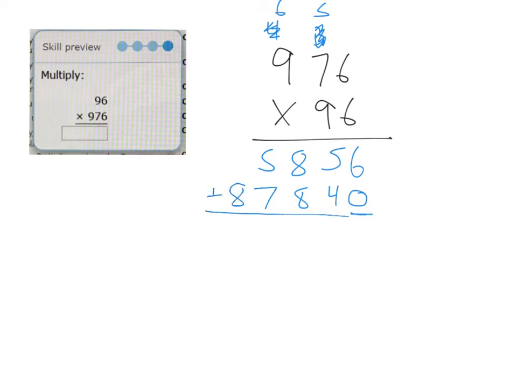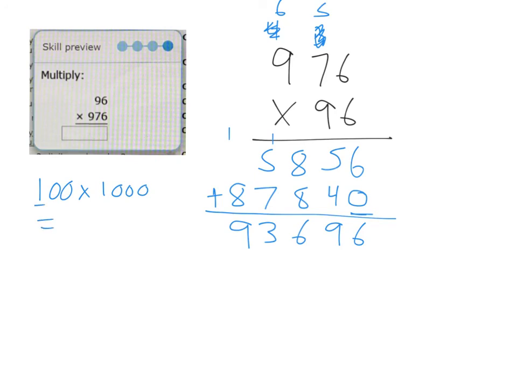Add it together. 6 plus 0 is 6, 5 plus 4 is 9, 8 plus 8 is 16, 6 down, carry the 1. 1 plus 5 is 6, plus 7 is 13, 3 down, 1 up. 1 plus 8 is 9. Again, a huge number. I think I'm going to do a little rounding and estimating. 96 rounds to 100. 976 rounds to about 1,000.